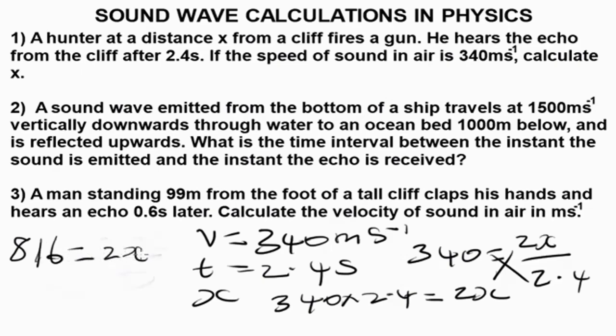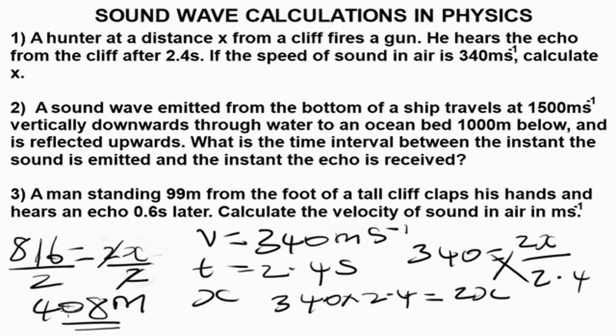To make x the subject of the formula, divide both sides by 2. So 816 divided by 2 is going to give us 408. Since we are looking for distance x, the unit will be meters. So this will be the answer for question 1.